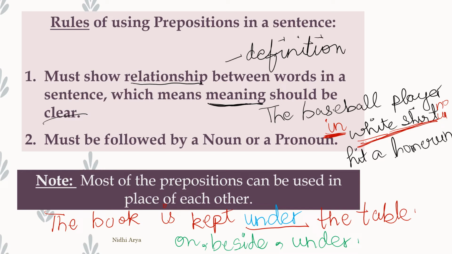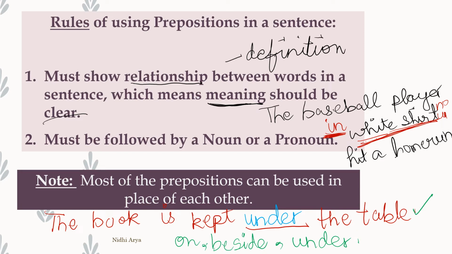So not only these, but as the note also says, most of the prepositions can be used in place of each other, which means it's not always true that you have to use just one preposition in a sentence.